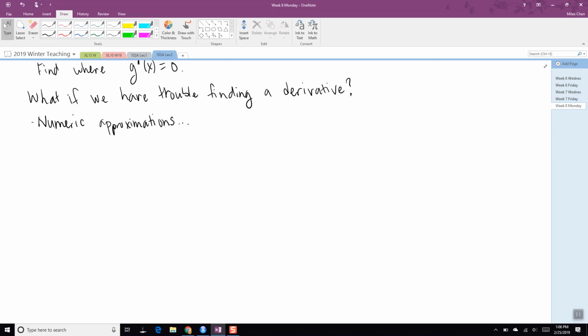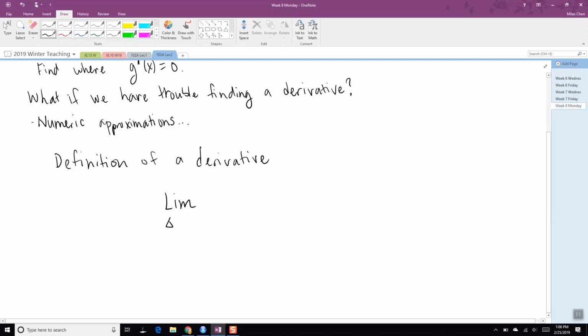What is the definition of a derivative? Come on, you guys. I'll give you a hint. It's a limit. It's the limit of what? Limit as what goes to what?